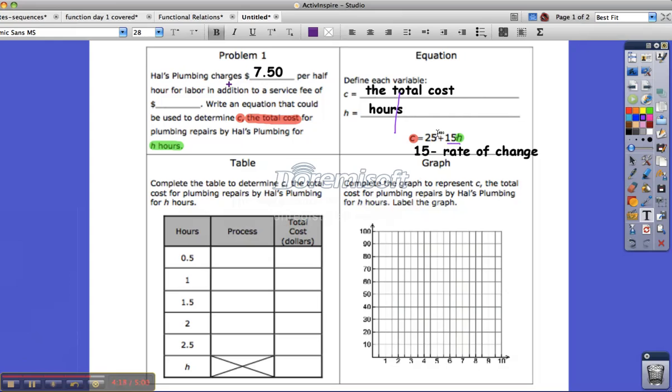Yes, the 25 here is the service fee. So if we look here, we have House Plumbing charges $7.50 per half hour in addition to a service fee of $25. So we have the total cost equal to the service fee plus $15 per hour. So we're done with the first two boxes, and now we can fill in our table and our graph on the next video. So see you there.